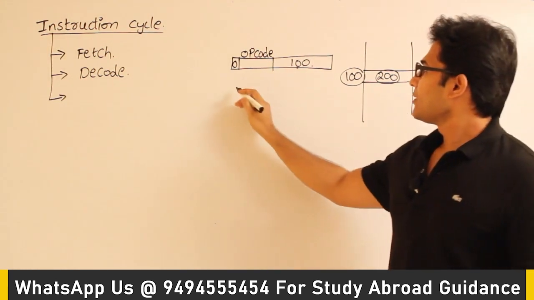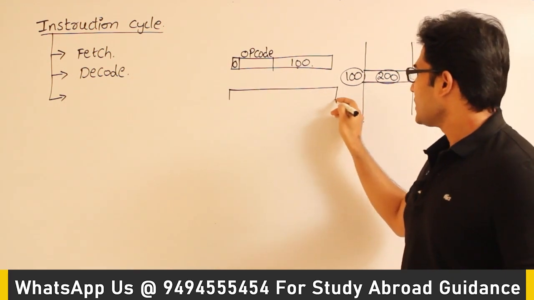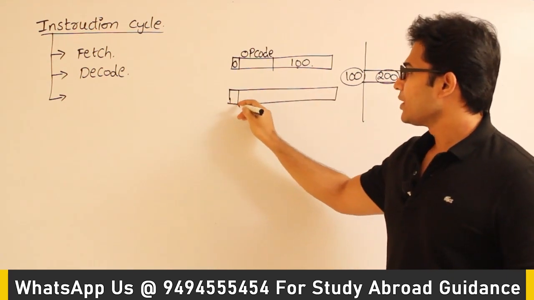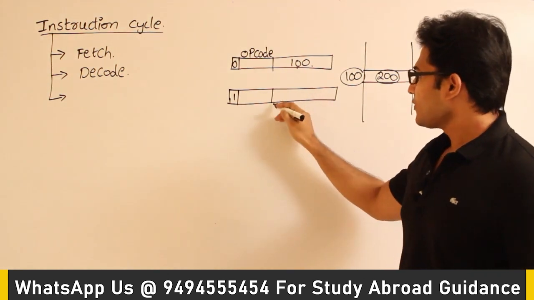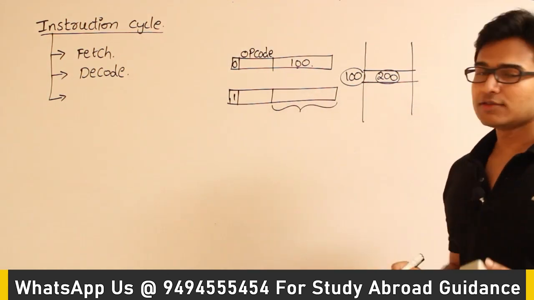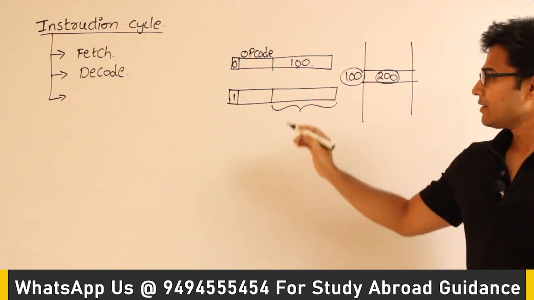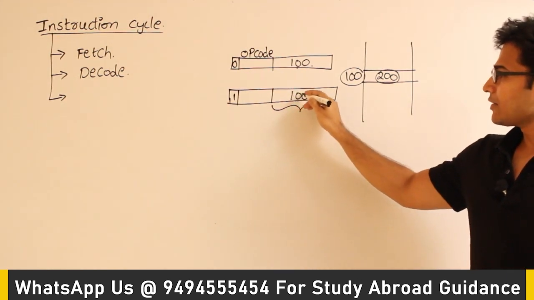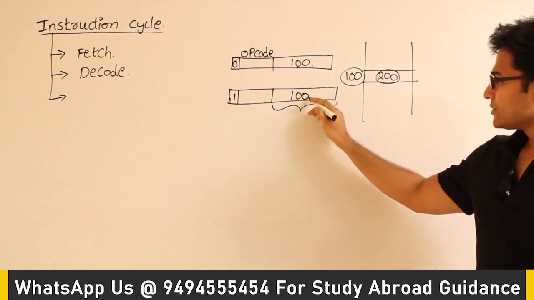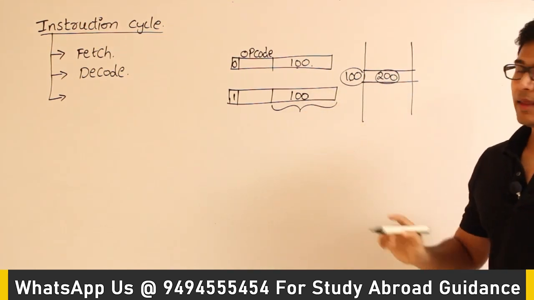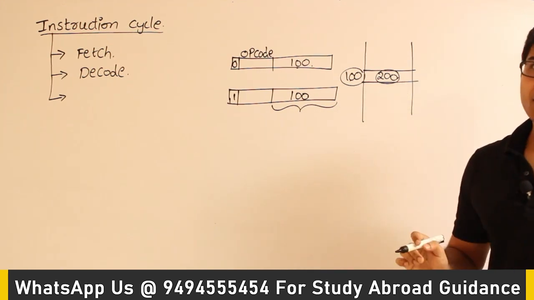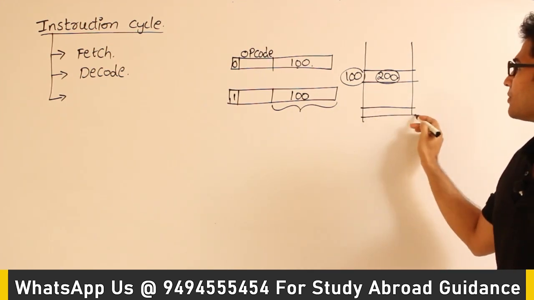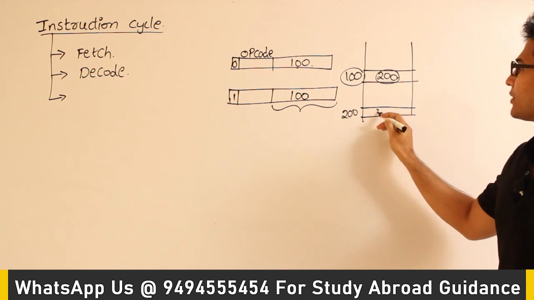Got it? So in case of direct addressing, the effective address is nothing but the address part of the instruction, right? And in case of indirect addressing, how do you know that? The first bit will be 1 and there will be some opcode, and whatever is given here is not actually the effective address. Let us say it is containing 100, right? In this case, you have to go to the memory and get whatever is present there, and this is the address where the operand is present, which means the operand will be present at address 200, right?